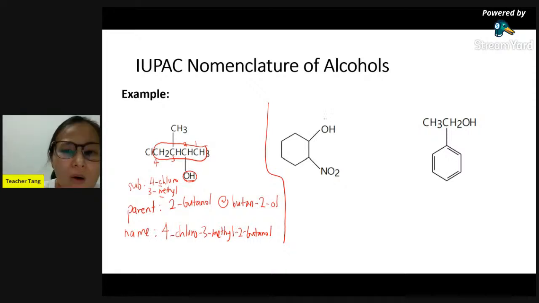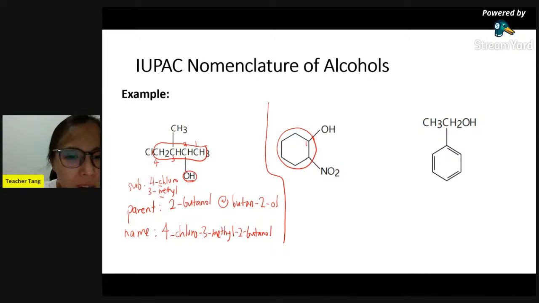So the second alcohol, can you see that, I shall draw it like this. So this is the parent, and then which carbon is number 1? Remember, when we number, the hydroxyl group must get the lowest possible number. Therefore, the carbon that the hydroxyl group is attached to is number 1.